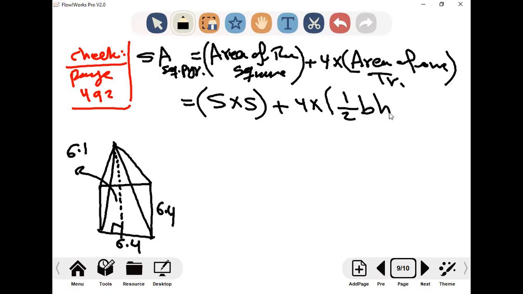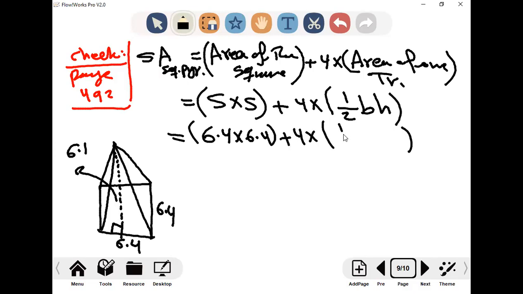Apply: s by s, 6.4 multiplied by 6.4, plus 4 multiply 6.4 and the height. Now it comes out 119.04. The unit is centimeter power 2 because we are talking about area. Do you understand?